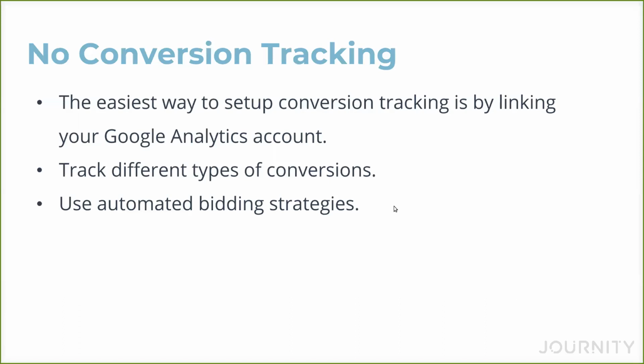And then also using automated bid strategies. One option that Google actually allows is to automatically optimize for getting the maximum conversions, and it'll dynamically change your bid based on the person's profile and how likely they are to convert. So we recommend using this.